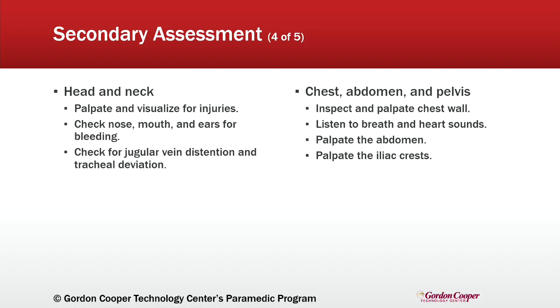Palpate the abdomen. Put your hands on the abdomen and palpate that. You can check for pelvic stability, although it isn't super serious to do this. And remember, try to avoid manipulating a pelvis too much, because in a traumatic patient, a lot of blood vessels run right along those bony processes of the pelvis, and jagged edges can cut those arteries and veins.